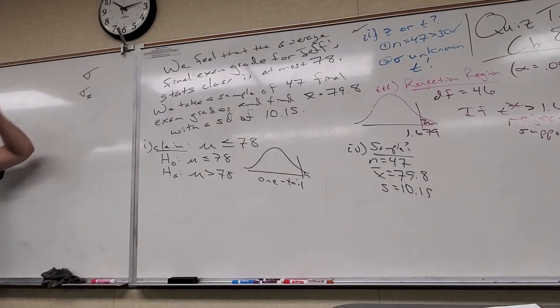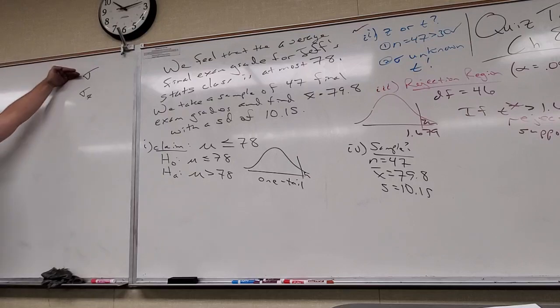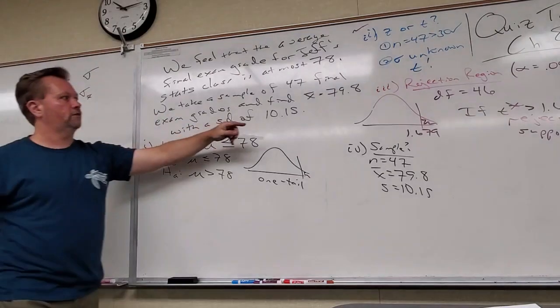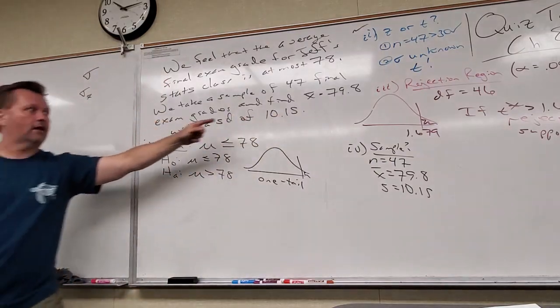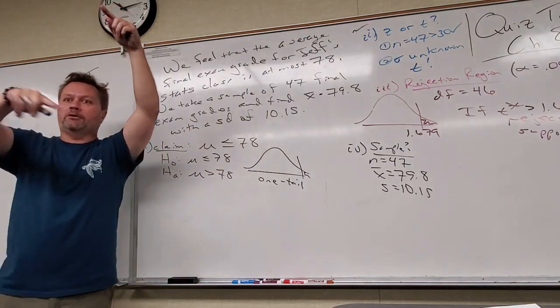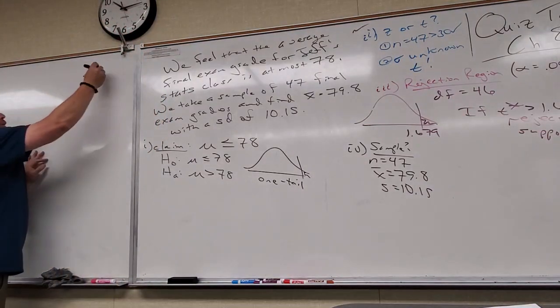This was calculated based on individuals. This one works for groups. Everybody with me, right? Isn't that what I kept saying? This standard deviation here, believe it or not, is based on individuals. Didn't we calculate it based on every individual person's grade? So it works the same way.